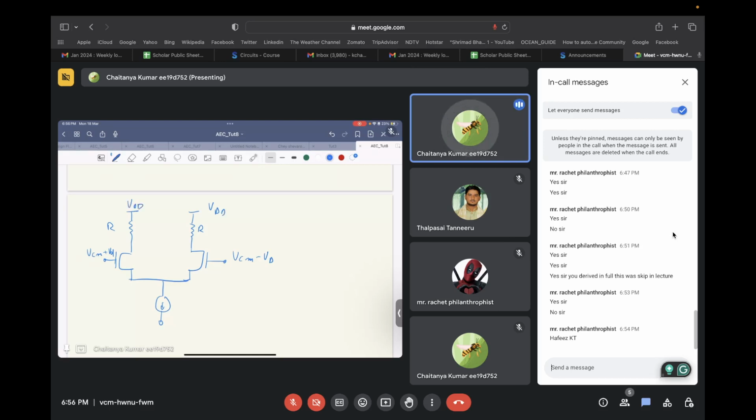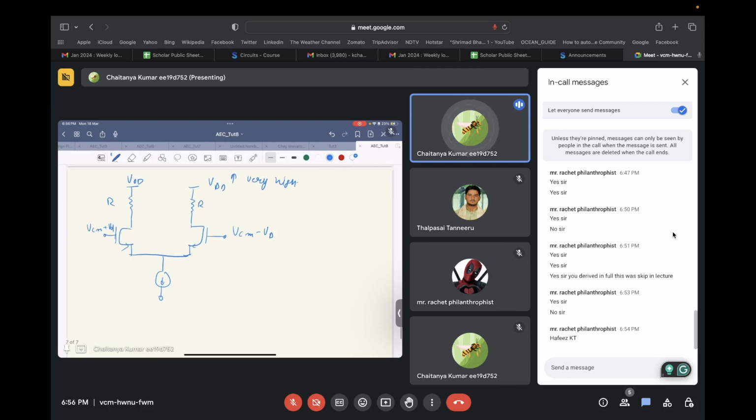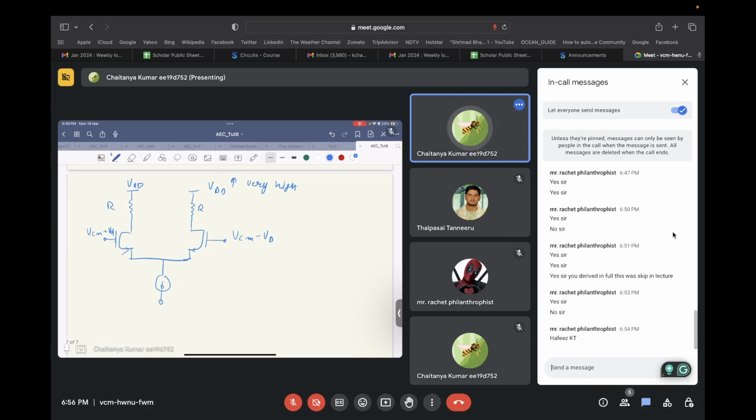In this case, let's say your VDD is very high. How will you find the swing limits of the circuit? What will be the two conditions for its swing limit? This is GM, and VCM is given. Let's say VCM is fixed to some voltage. So how will you find the swing limits?